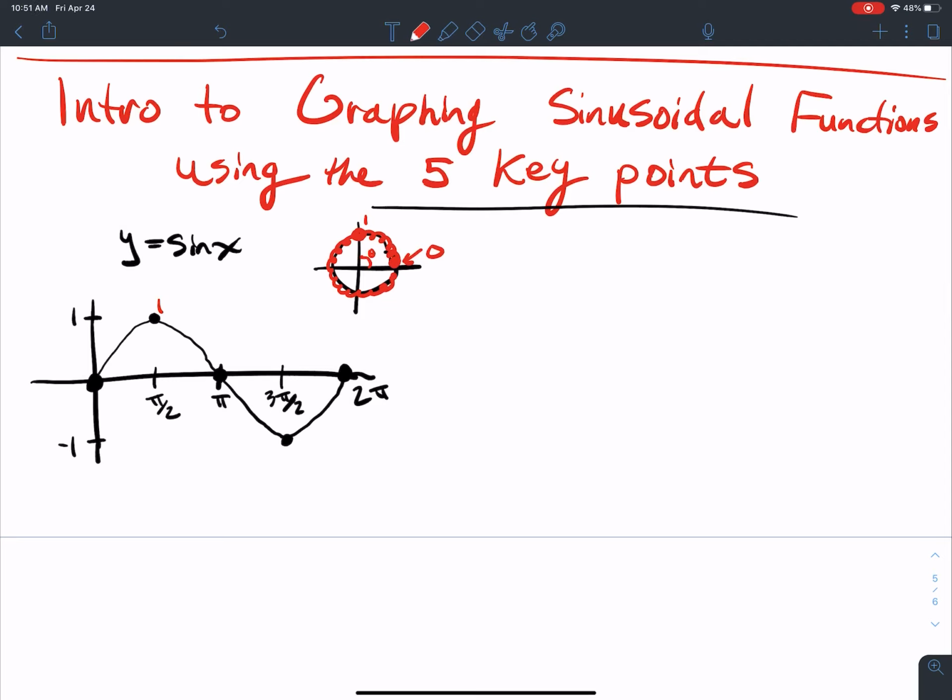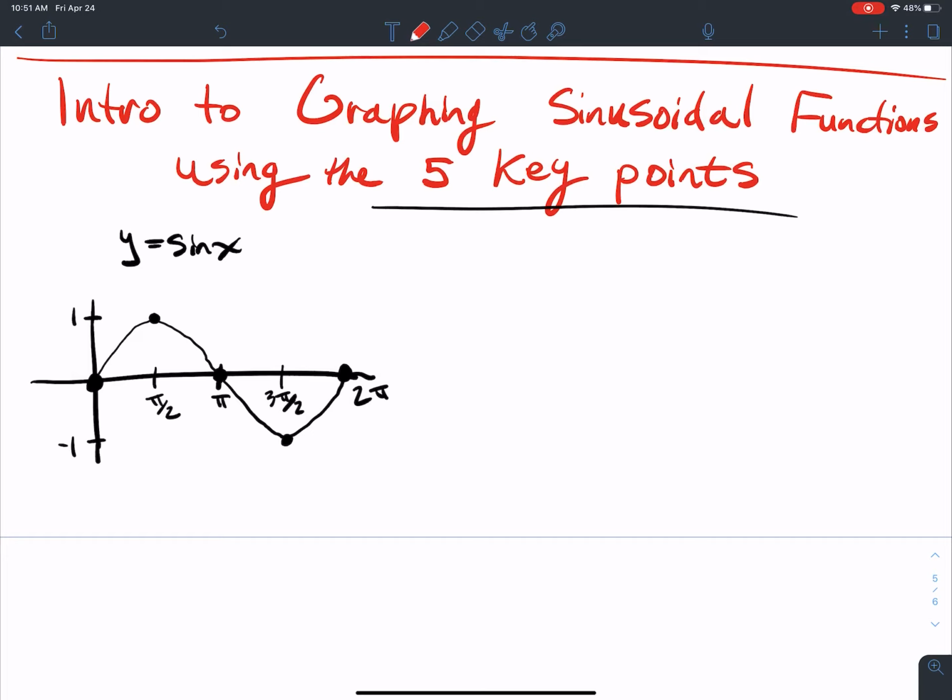Over here, we're back to 0. Down here at 3 pi over 2, we're down to -1. Then we work our way back, and an angle of 2 pi gets us right back to 0. That's what I mean by going full circle. Maybe you made that connection, maybe you didn't, but if you didn't, now you've got it.